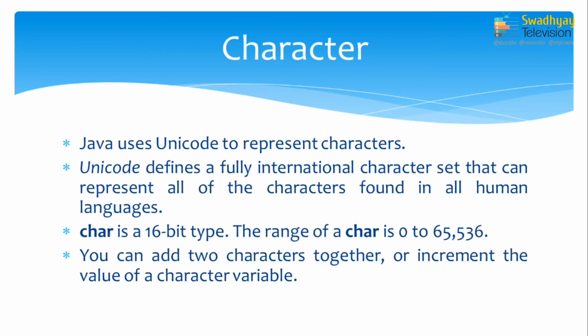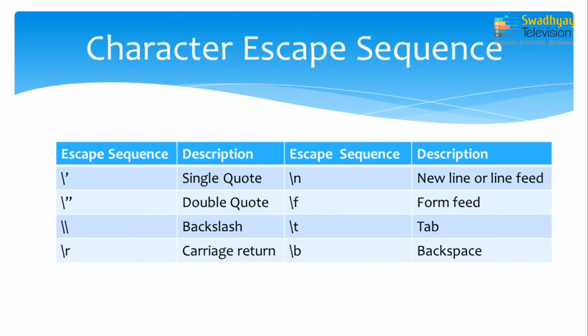So, generally it represents all the languages that are used by people all around the world. Now, internally a character is stored as an integer value. So, you can even add two characters together or increment the value of a character variable also. So, this is all about the character data type.